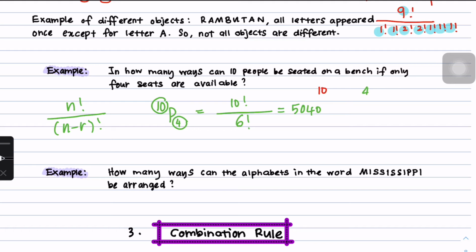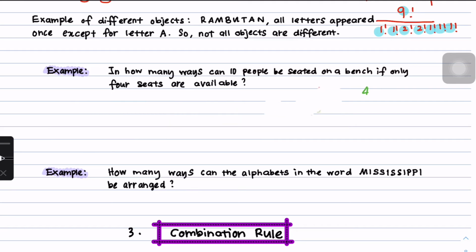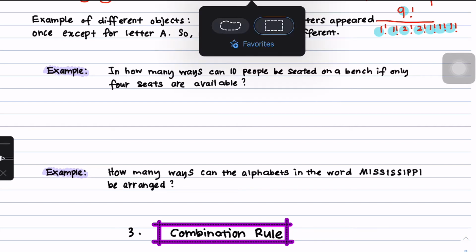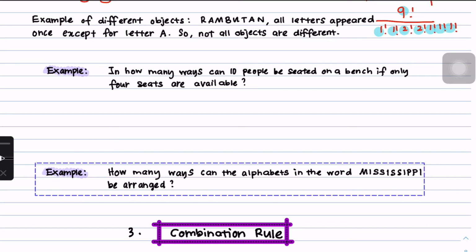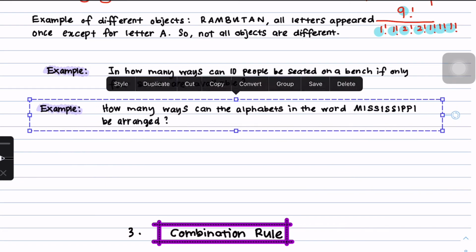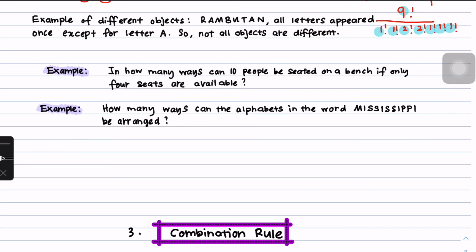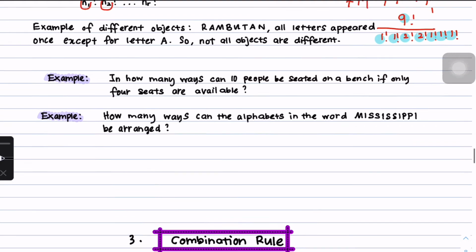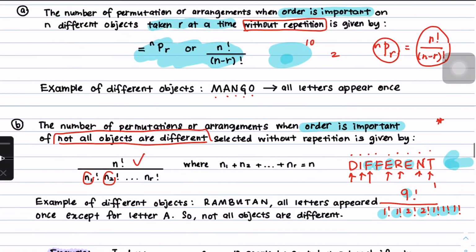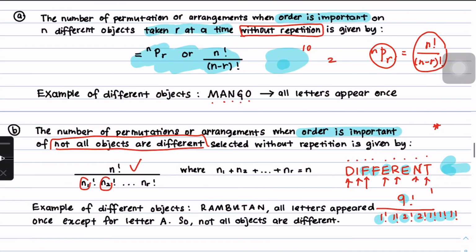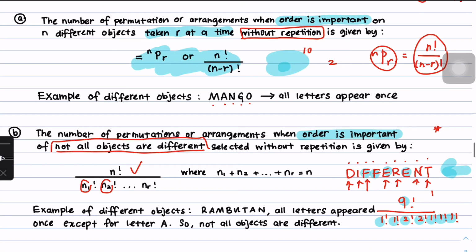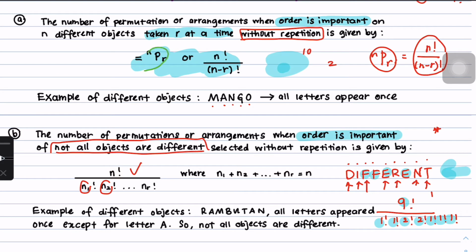So let's see the next example here. The question asks us how many ways can the alphabet in the word Mississippi be arranged? Okay, so you need to be careful because here we have two different formulas. If you have all different objects, you can use the permute n, r formula.